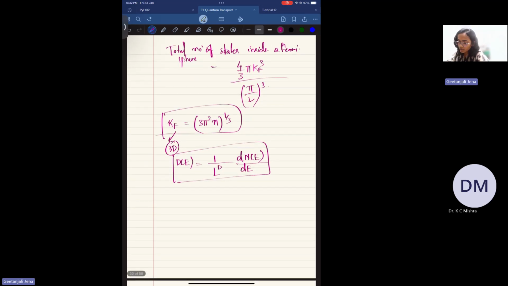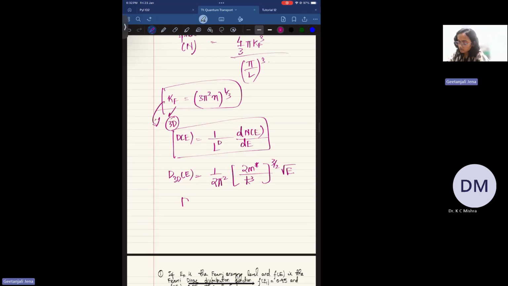For 3D, by putting the K formula and the N here, we found that the density of state is given by, with m star and h cubed to the power 3 by 2, square root of E. So for 3D, the density of state is directly proportional to the square root of E.